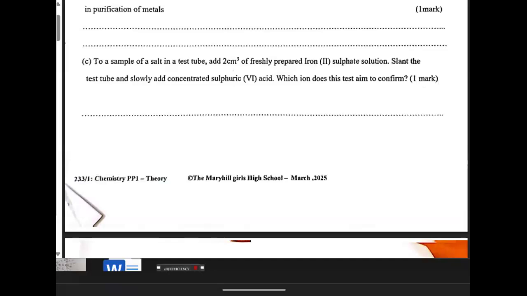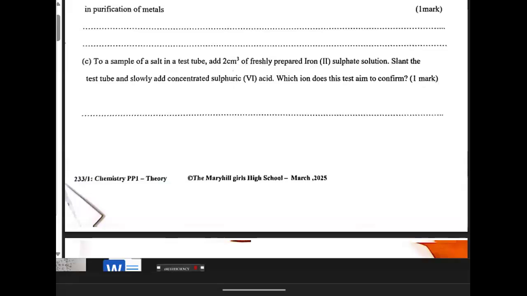Then it is made to stay upright, so that the concentrated sulfuric 6 acid, because it is denser, will settle at the bottom. And then the mixture of the iron sulfate and the soluble nitrate comes on the top.